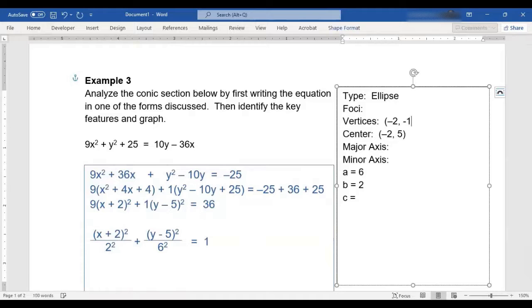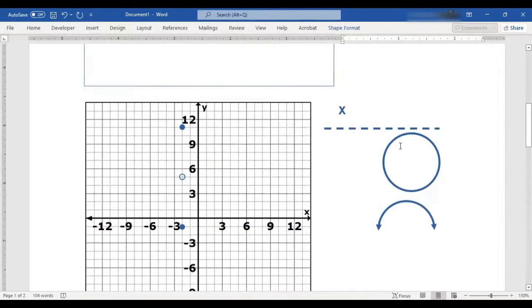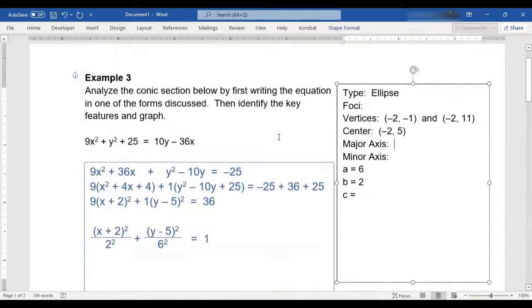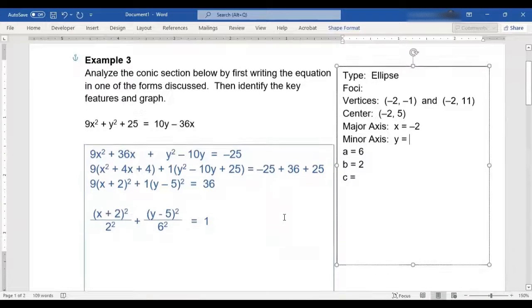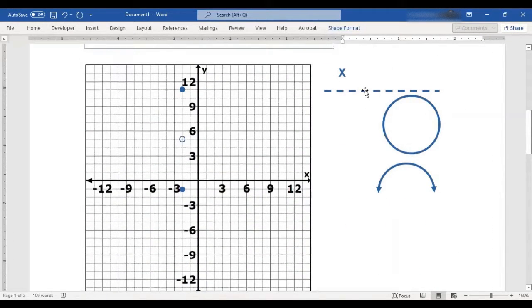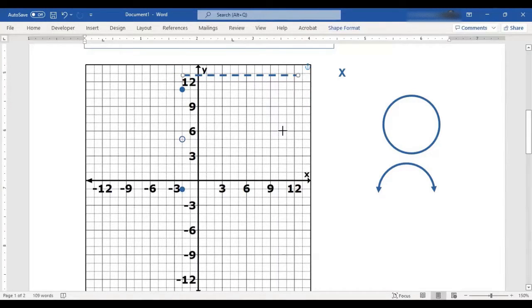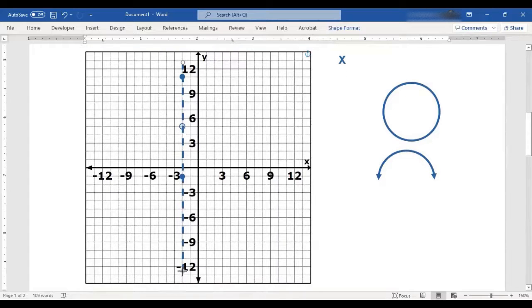And our major axis is therefore that vertical line running through them. So it's x equals -2. Minor axis will be y equals something. Okay, so let's go ahead and graph that, I guess. Here's our major axis of information.